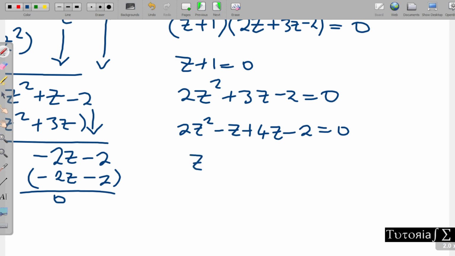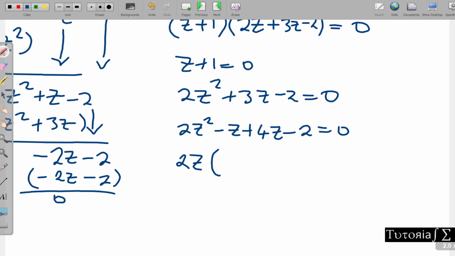So you factor out 2z, right? When you factor out 2z, what are you going to remain with? z. An emphasis here: make sure that the coefficient is 1.